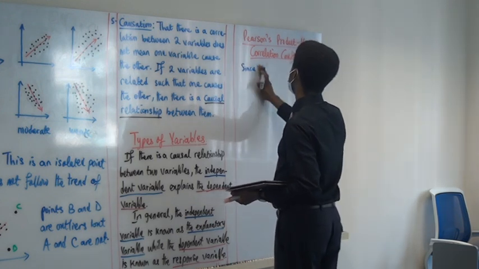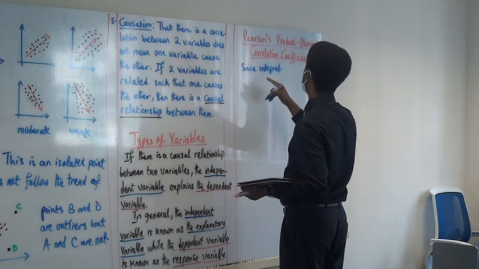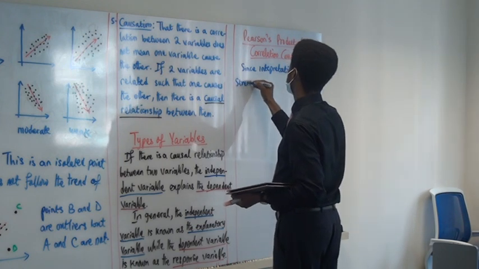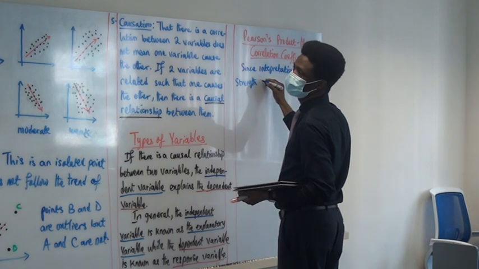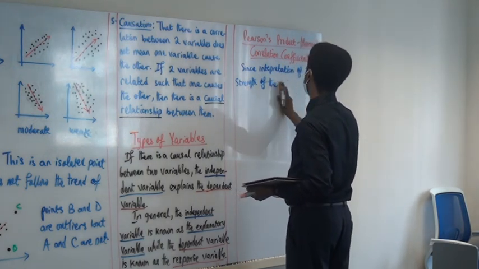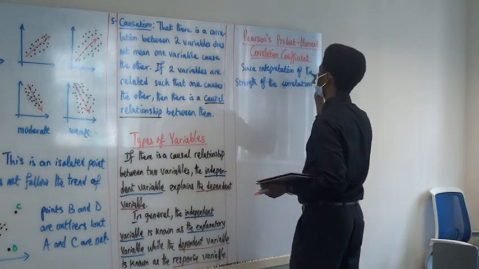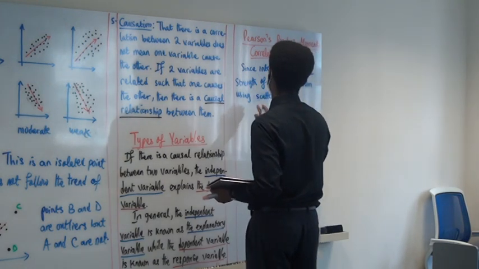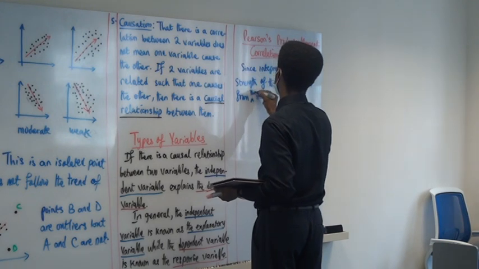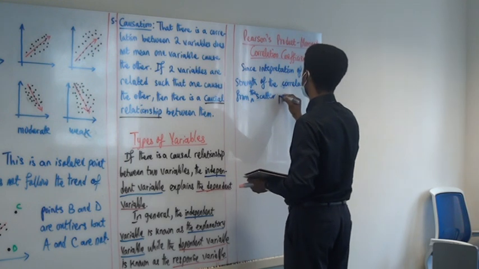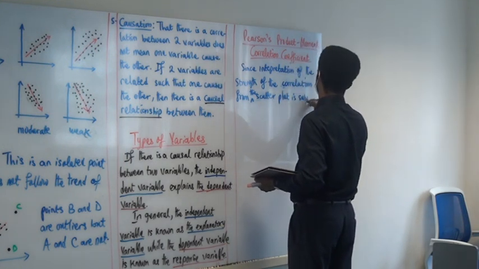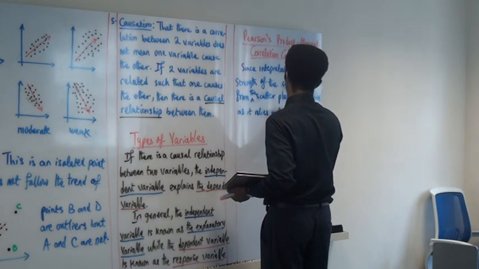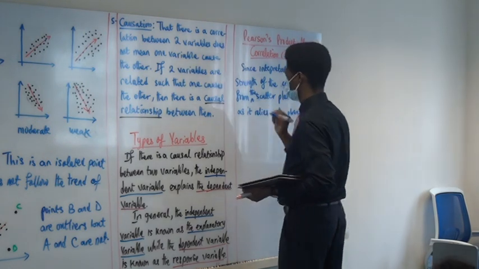Since the interpretation of the strength of correlation from the scatter plots is subjective as it relies on the observer, that's what we have just mentioned.